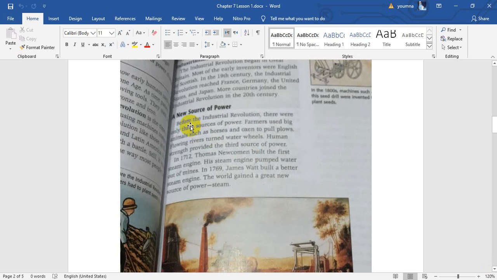Before the Industrial Revolution, there were only 3 sources of power. Farmers used big animals such as horses and oxen. Oxen, guys, it's the plural of the word ox.